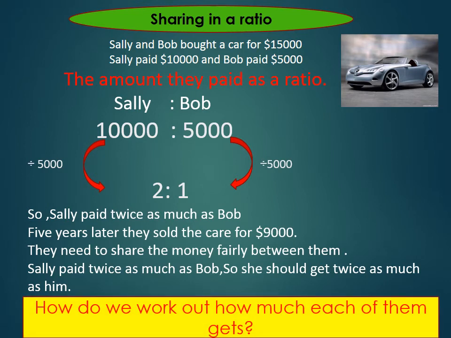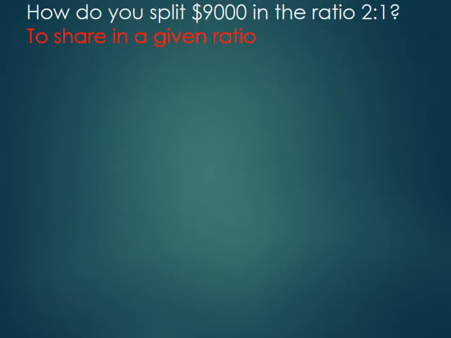But how do we work out how much each of them gets? How do we split $9,000 in the ratio of 2 to 1? Or we can ask in another way. How do we divide $9,000 in the ratio of 2 to 1?